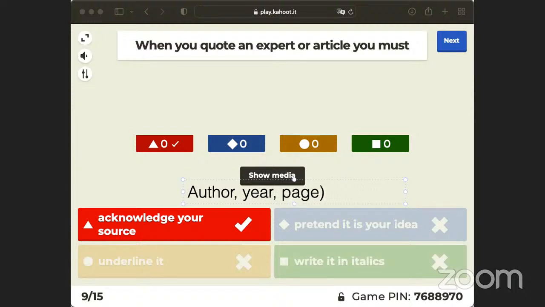No? You don't do that in English, no? But you should at least mention who wrote that, or what's the name of the article, or where you found that. Because you can pretend something you found online is your idea. So that's why it's important to acknowledge your source.